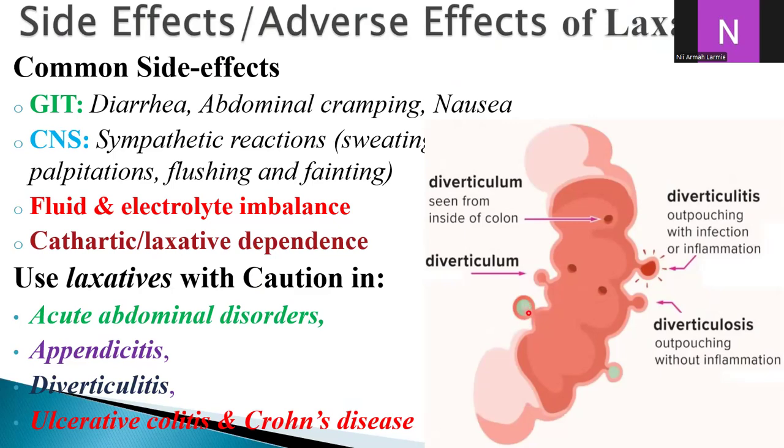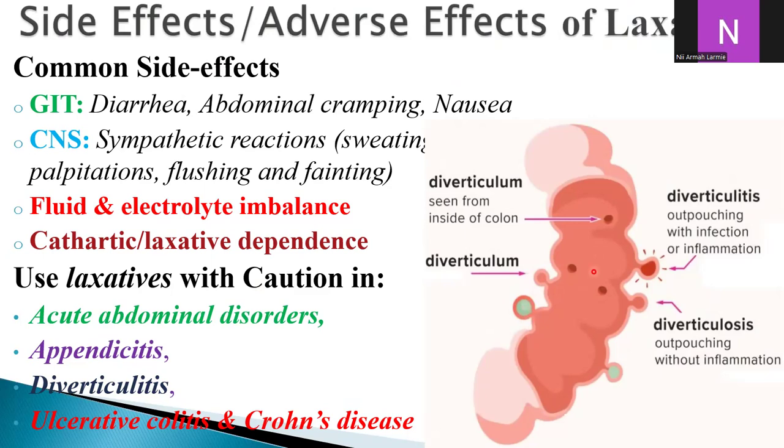Now, this one contains a fluid, so this can be infected. This one does not contain any fluids, but these out-pouches that can be found on the colon are the ones being described as diverticulitis, inflammation of the diverticula.